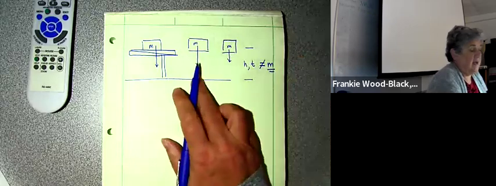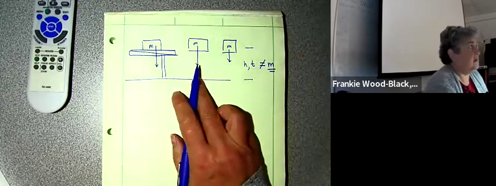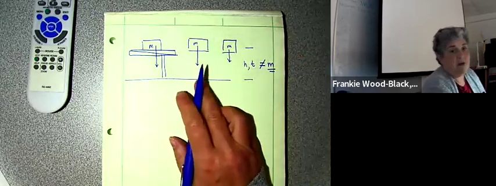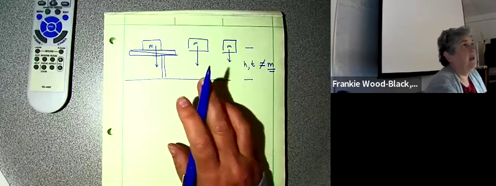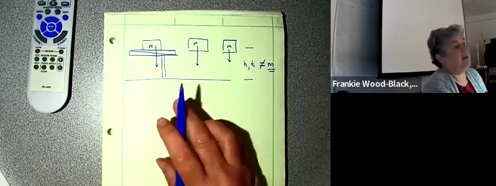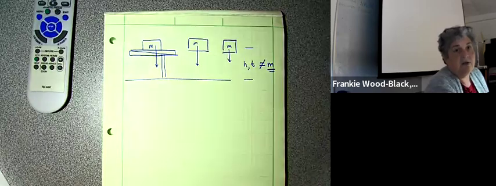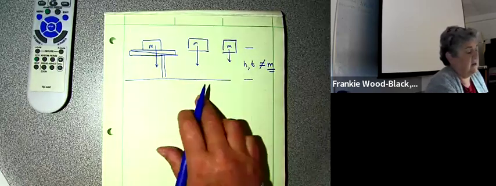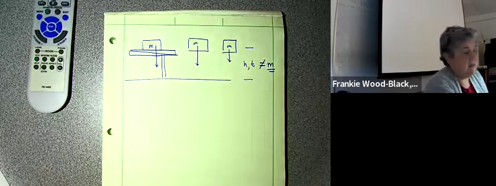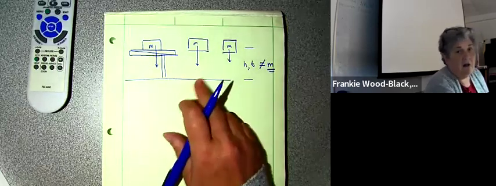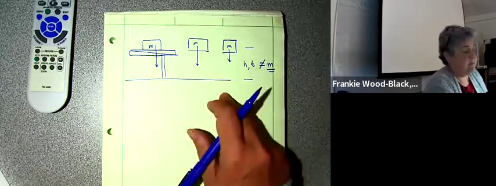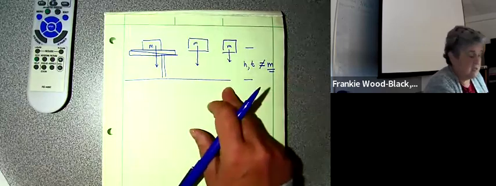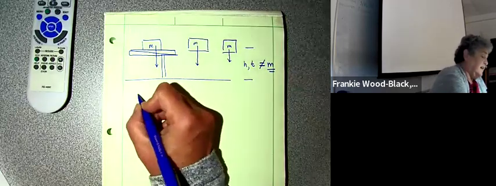Mass does not apply. So it didn't matter when we were dropping the tennis ball, the golf ball, the bowling ball. None of that mattered with our mass here. Mass did not apply. But we know that with the golf ball and the bowling ball and the tennis ball, something else is out there, and that's our idea of weight.